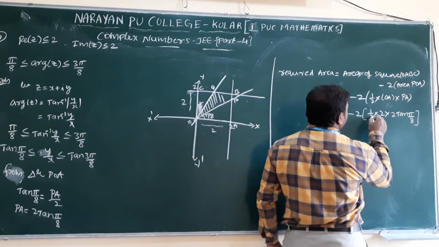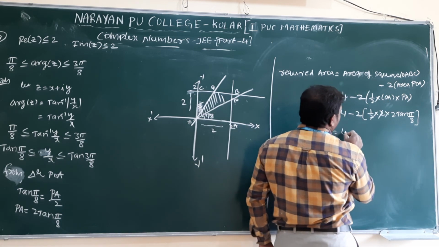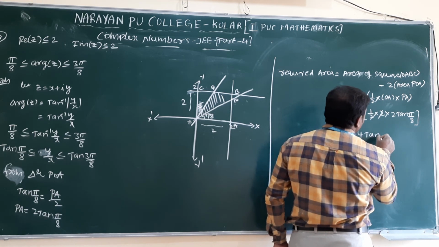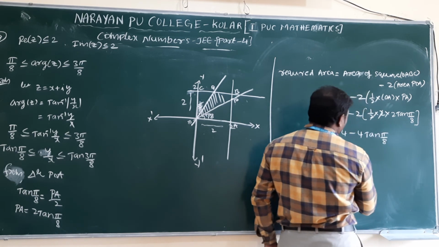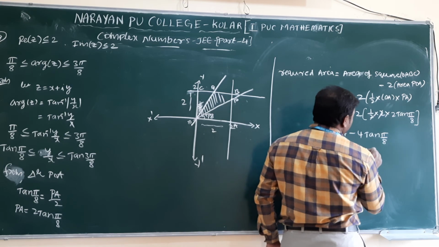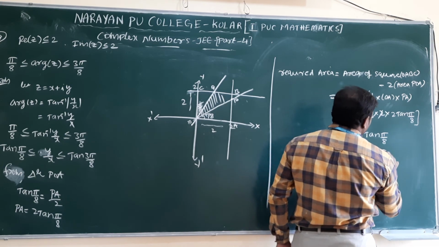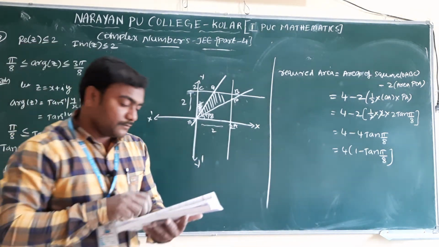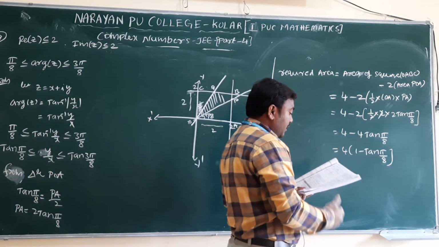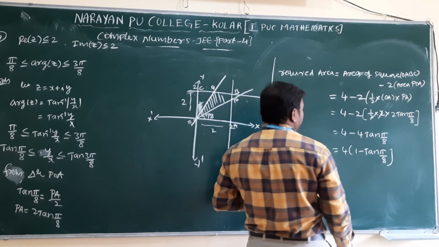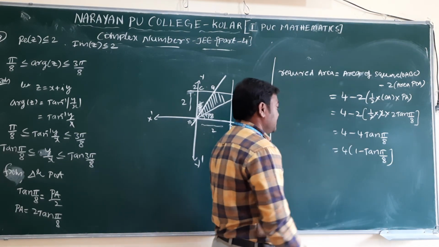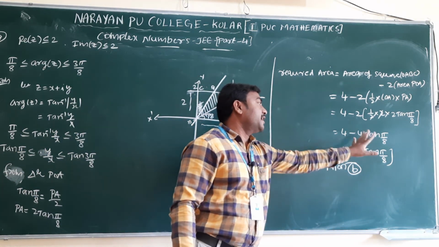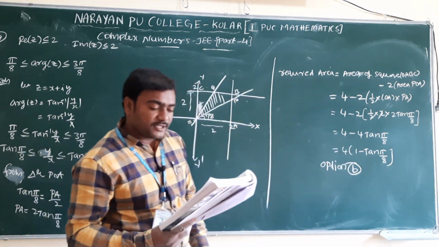So here 2 gets cancelled, remaining 4 minus 2 into 2 into 2 tan pi by 8, that is 4 minus 4 tan pi by 8. Taking common 4, remaining 1 minus tan pi by 8. So option B is the correct option: 4 minus 4 tan pi by 8 is the correct option.